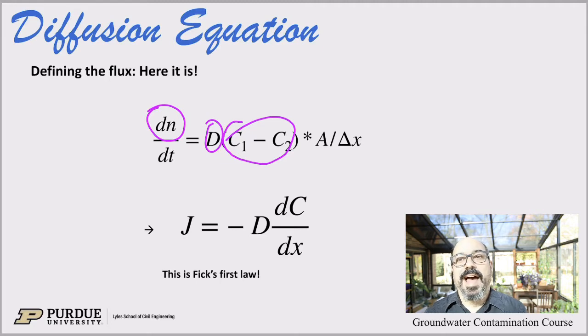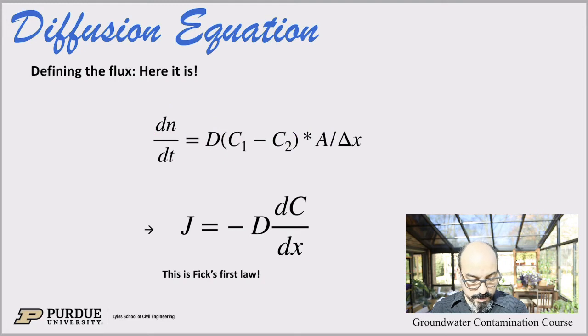The higher the concentration gradient, the more molecules you have to begin with, and if there's none at the other end, then the more you get. The wall size, the net size, the area, and divided by the distance you have to cross, because the shorter it is, the more efficient it is, and the longer it is, the less efficient it is, so it's inversely proportional to that distance. And there we have it. This is basically our diffusion equation.